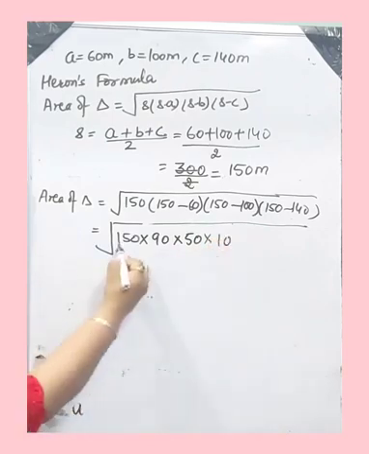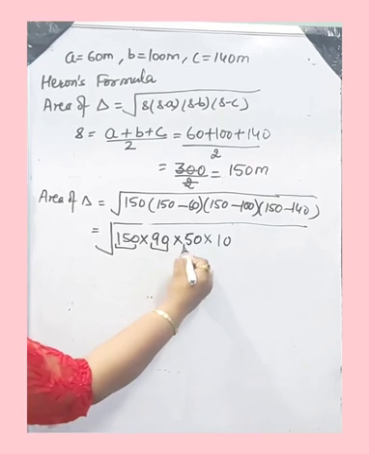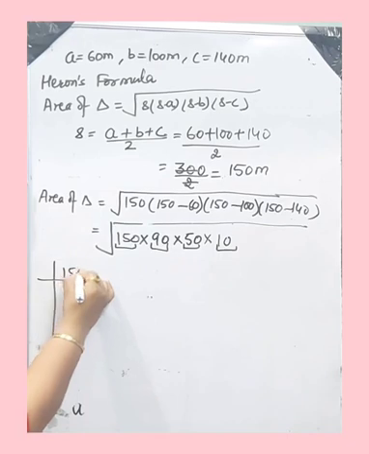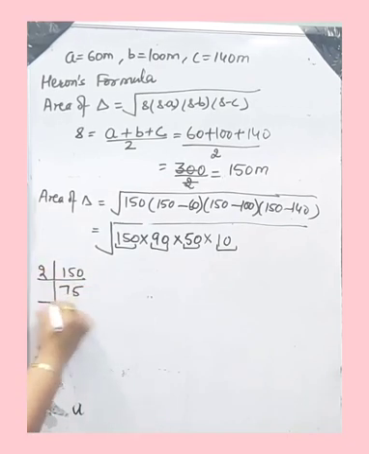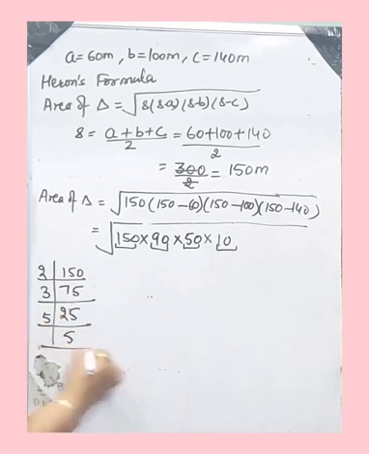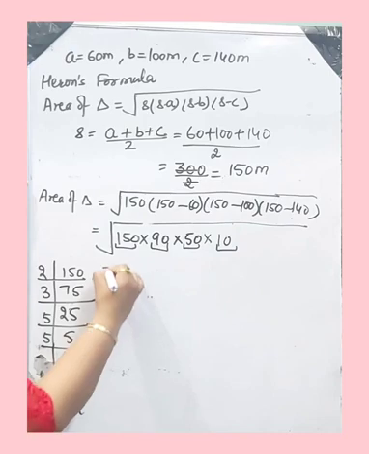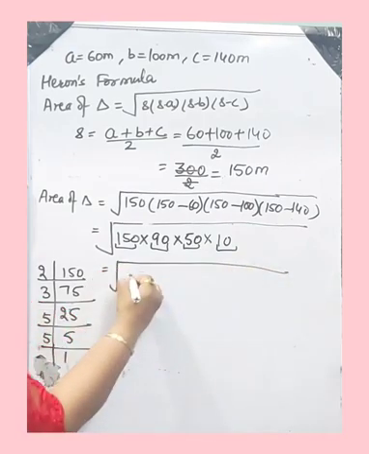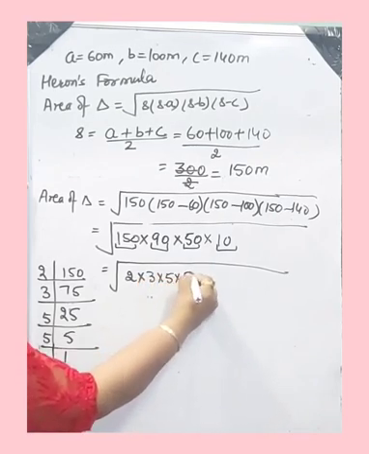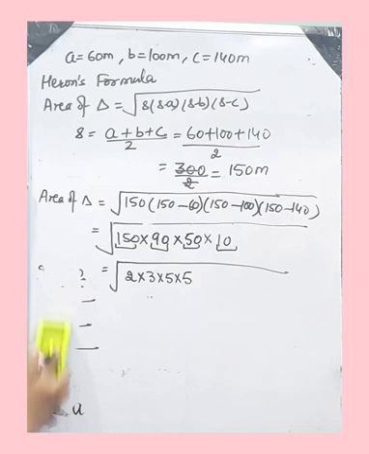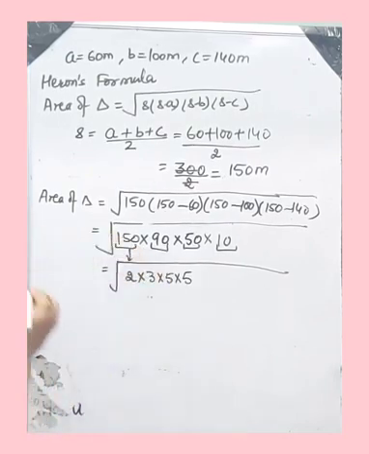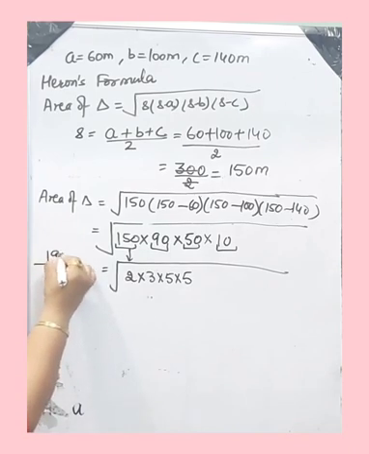Now in next step, we have to reduce these numbers in lowest form by doing its prime factors. Now prime factor of 150. Prime factor of 150 are 2 into 3 into 5 into 5. Now find prime factor of 90.